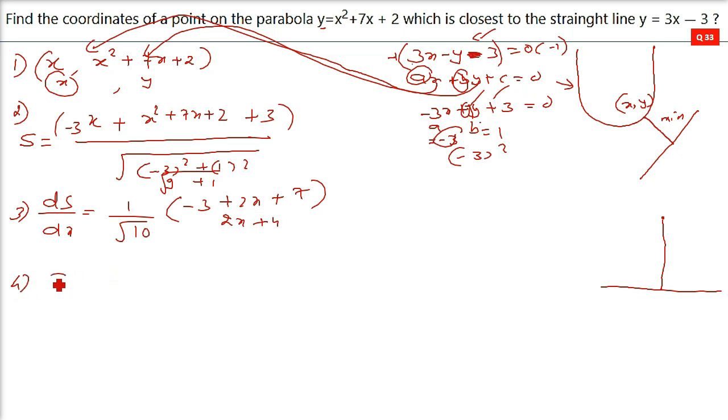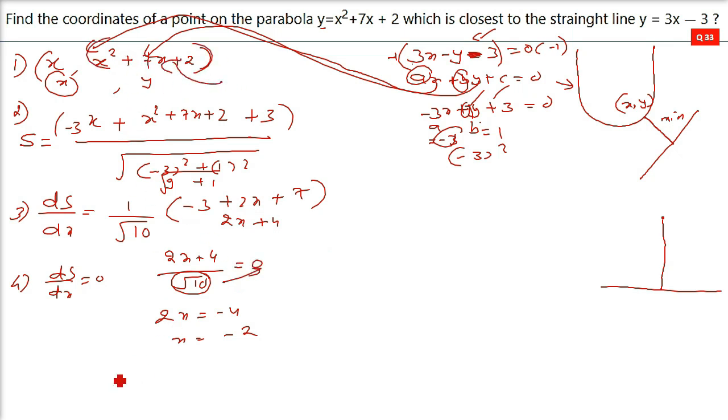Next step is what? Of course we have to equate it to 0 in order to get the critical points. So ds by dx, 2x plus 4 by under root 10, has to be equal to 0. Under root 10 cannot be 0, so 2x plus 4 has to be 0. So this will give you x equals negative 4 by 2, that counts to negative 2. Now we have already got x equals minus 2. How about the point y? Let us find it here only.